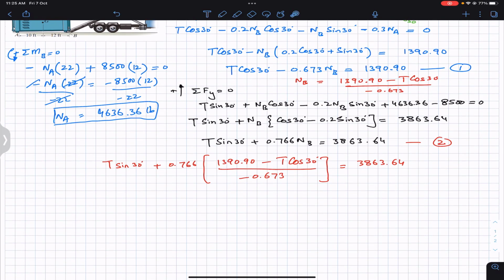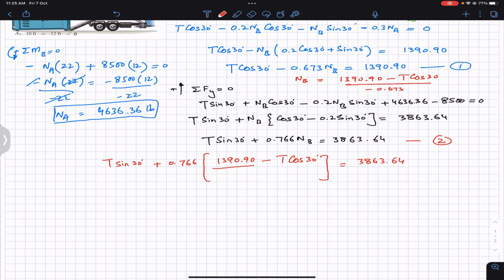Now we can divide both of these terms by this constant, right? So we can write this as 1390.90 divided by minus 0.673, and this divided by minus 0.673. So this is like this.